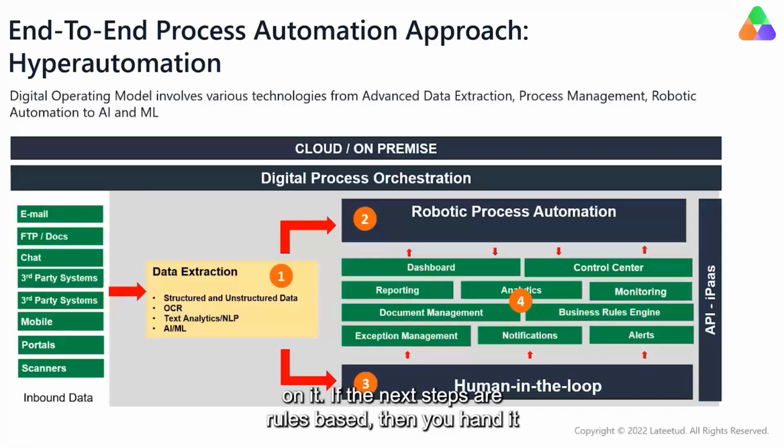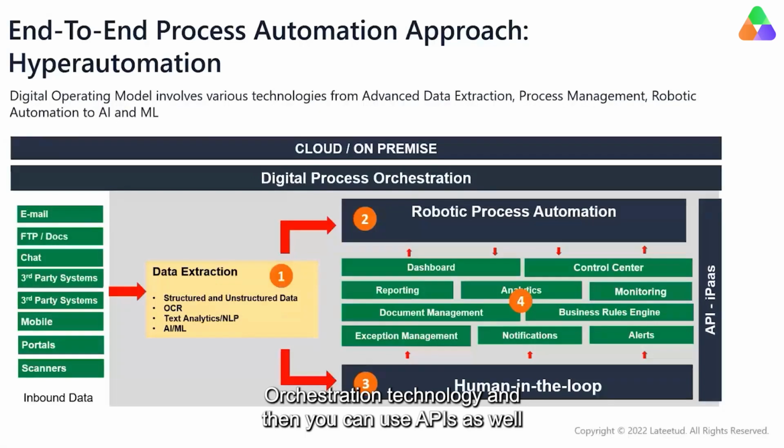If the next steps are rules-based, then you hand it over to a software robot or robotic process automation. But if it is not rules-based, then you bring a human in the loop through a workflow. And all of this is generating tons of data. Documents are being generated. So you need document management, you need reporting, you need business rules that are driving it. And all of this should be orchestrated by a digital process orchestration technology.